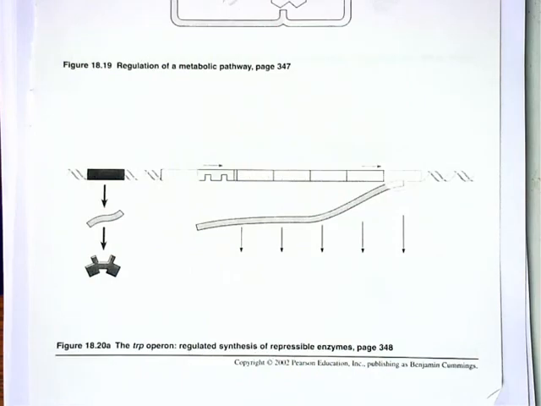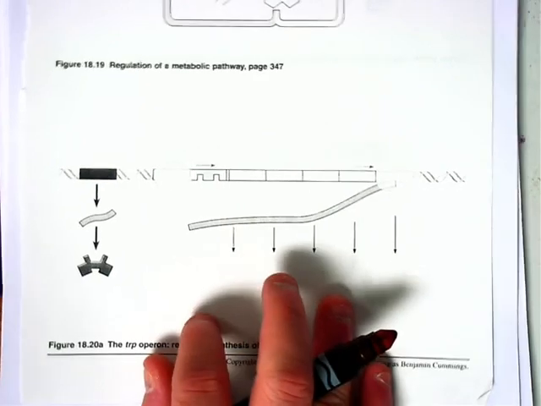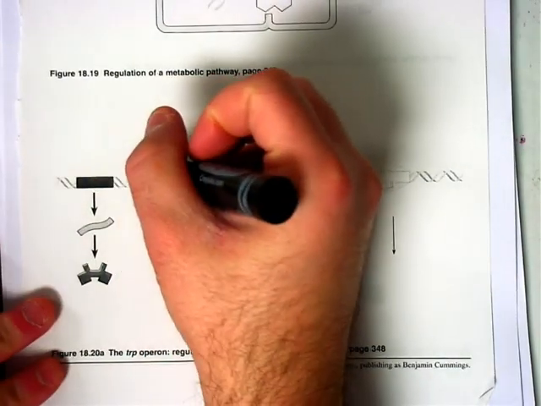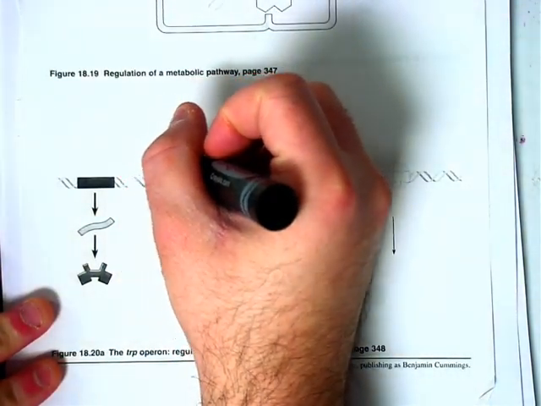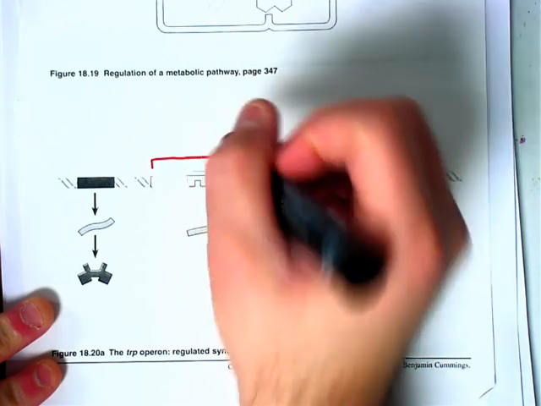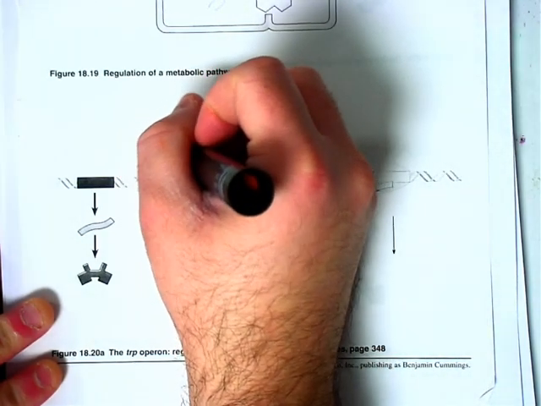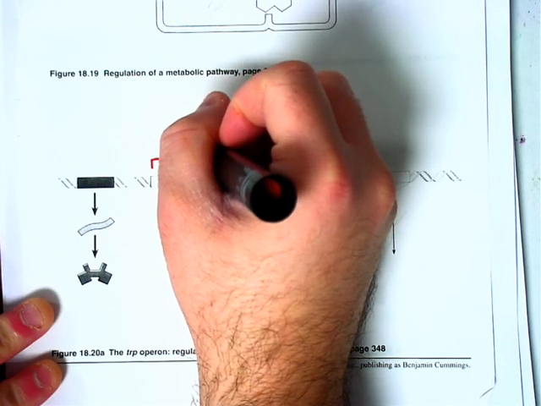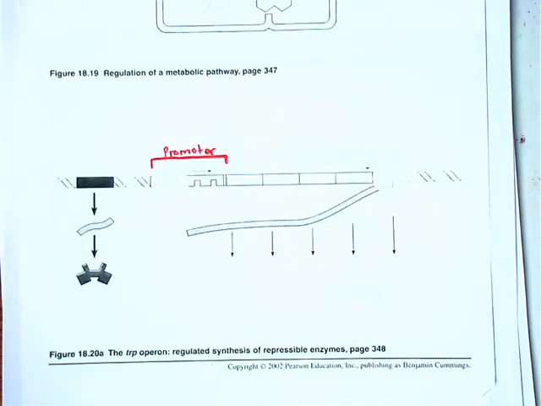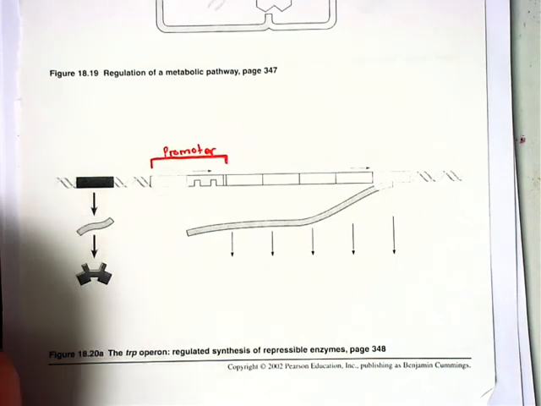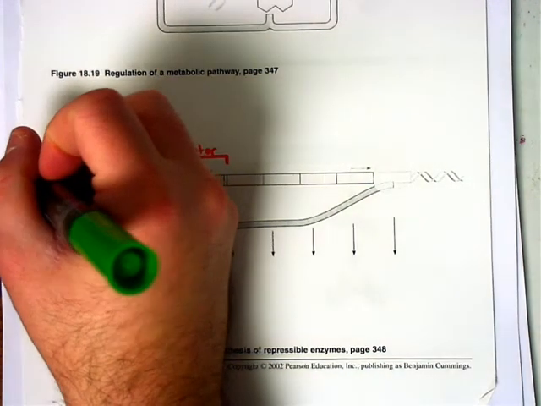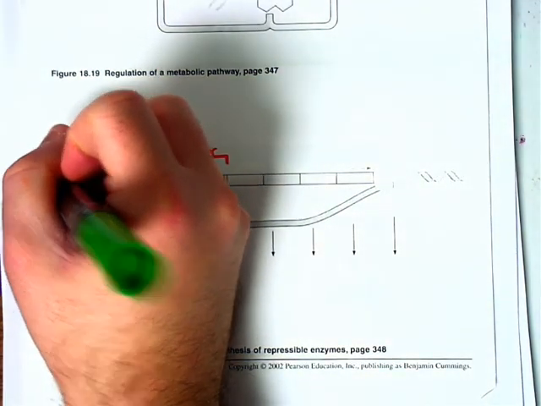Simple. So the first thing I want us to recognize is that there's this region right through here, and this represents your promoter region. So there's your promoter. Of course, this is representing a strand of DNA or a piece of DNA.